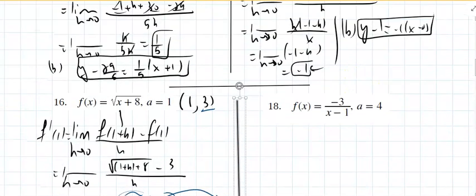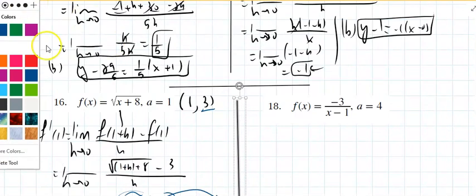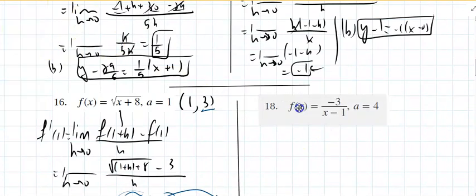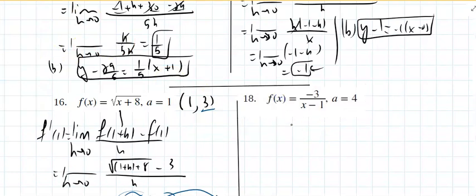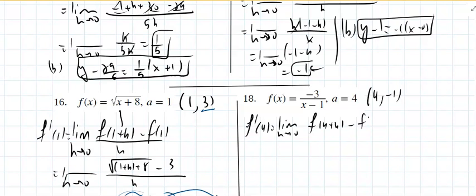If I really wanted to find the point, if I take x equal 4 and I plug it in, the point will be 4. If I put a 4 right there, that will be 4 minus 1, which is 3. Negative 3 over 3 is negative 1. Now, to find the slope of the tangent at 4 specifically, we say f prime at 4 is the limit as h approaches 0 of f of 4 plus h minus f of 4, divided by h.